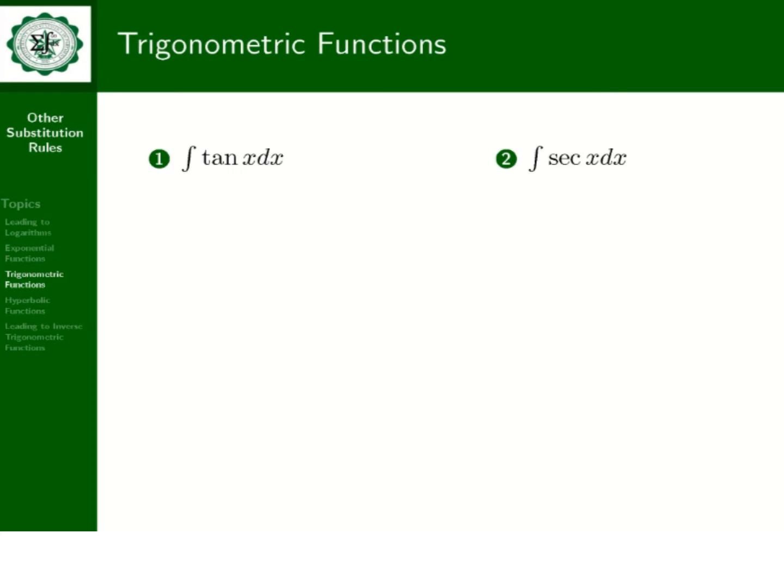Let us illustrate first the derivation for the formula of the integrals of tangent x and secant x. So we begin with tangent x. We are going to use the identity for tangent, and that is sine over cosine. And we let u be cosine of x, followed by du, and this is negative sine x dx.